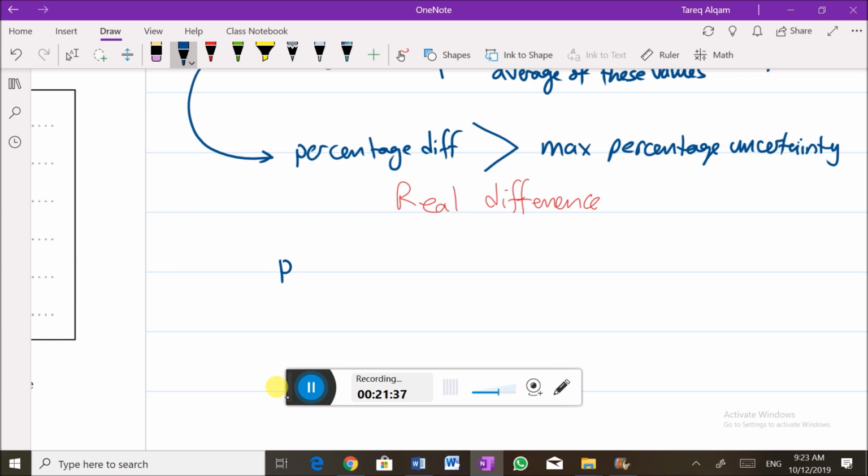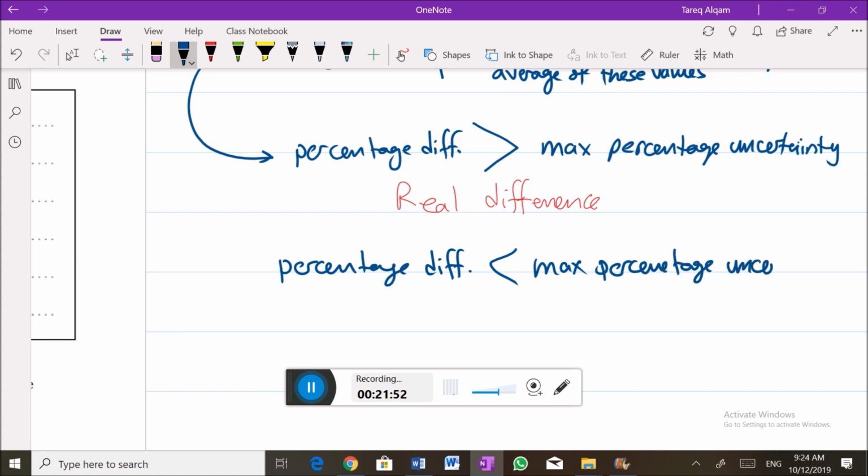If this difference is less than the maximum percentage uncertainty, this is not a real difference. The values are constant, right? But this difference is caused by uncertainty.